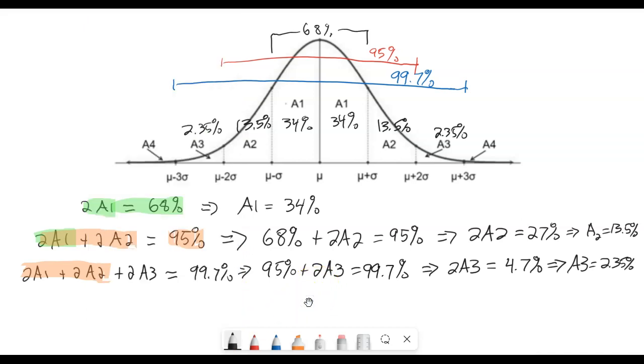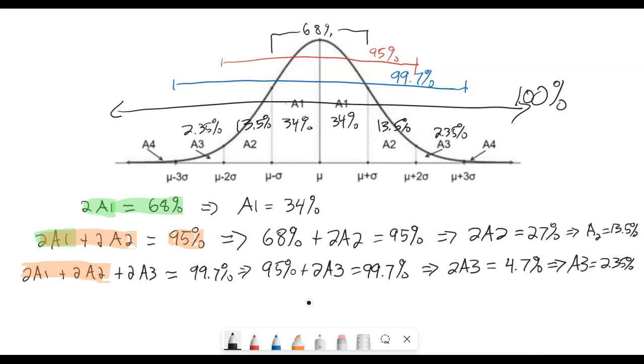Finally, we have the entire 100%. The 100% is basically all of the area underneath.